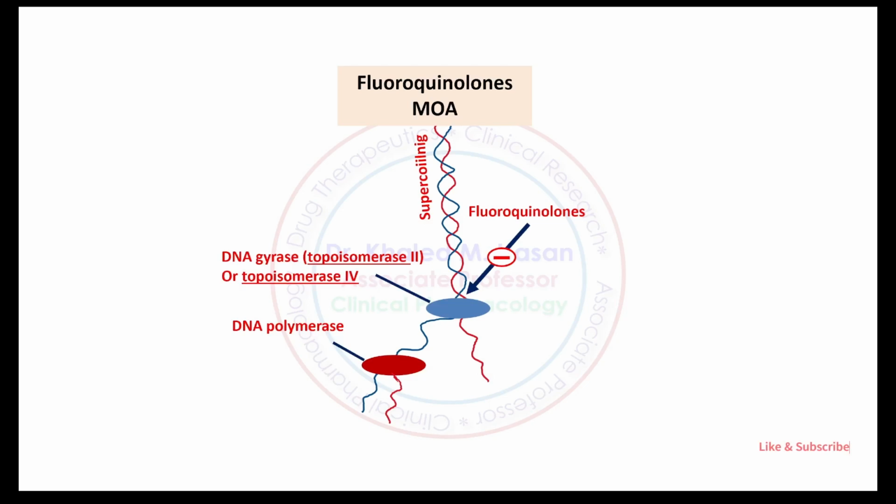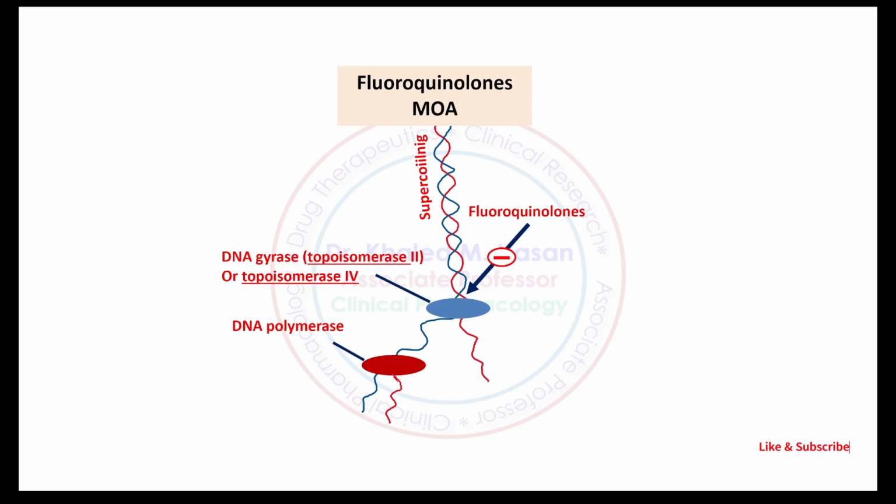The purpose of this image is only to represent the mechanism of action on a chart. As you can see in this graph, we have the DNA, two strands, supercoiling strands, and then we have the enzymes DNA gyrase, topoisomerase 2, and topoisomerase 4, responsible for breaking or dividing the strand into two branches, and then we have the DNA polymerase for further replication.